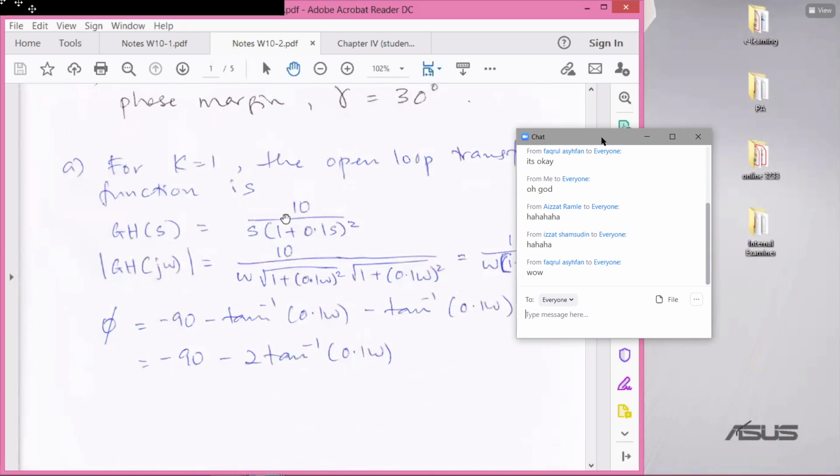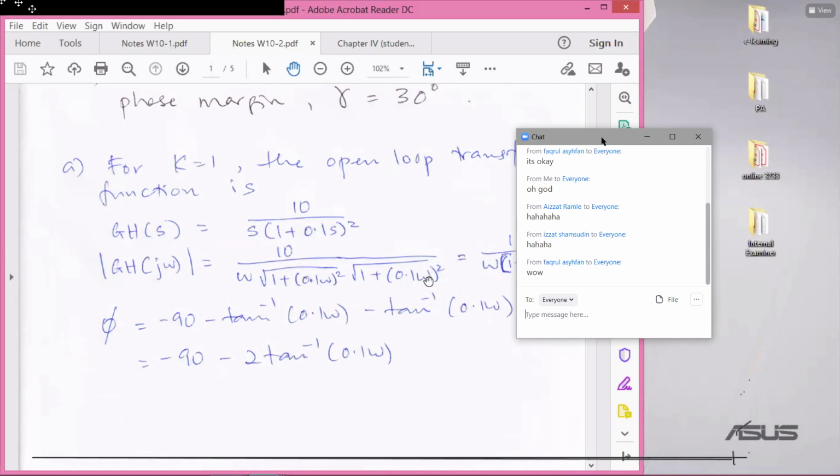Get the open loop transfer function, replace s with j omega, and you're going to have expressions for the magnitude and the phase angle. The magnitude of 10 is just 10. The magnitude of omega is just omega. You have two terms here: the square root of the real part squared plus the imaginary part squared, and then you have a repeated root.